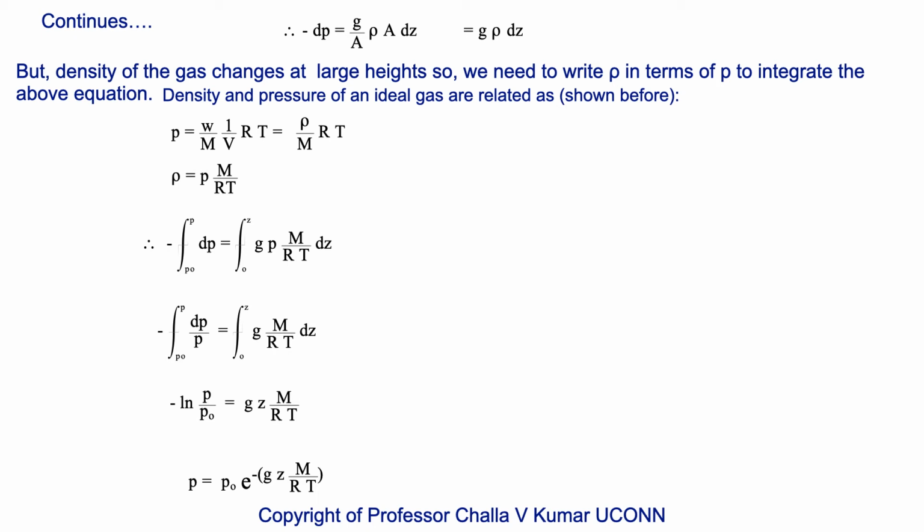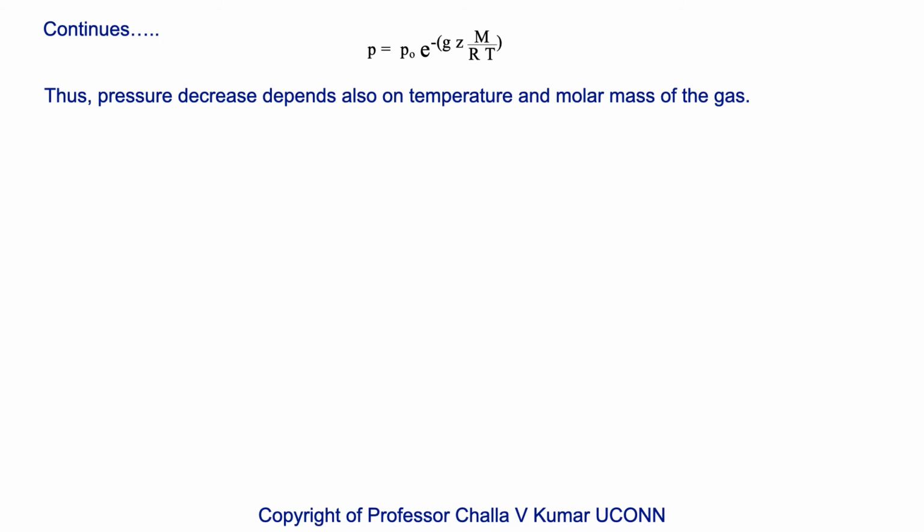And this is the quantitative relationship, and this is referred to as the barometric law. Now let's analyze this equation in different ways and try to understand what it is telling us. On the next slide, I have written this: P equals P0 e to the power minus gzM over RT. And we will look at it from different perspectives.